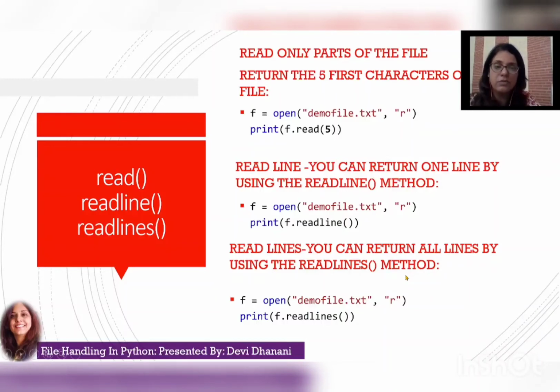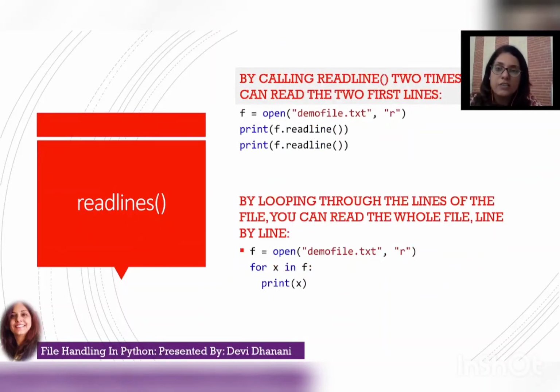I have given you the demo of how to use the three methods. Next, what we are going to learn, in case we wish to read the entire content of the file. Taking the example of the demo file over here, we can loop through the lines of the file. So how do we do that?